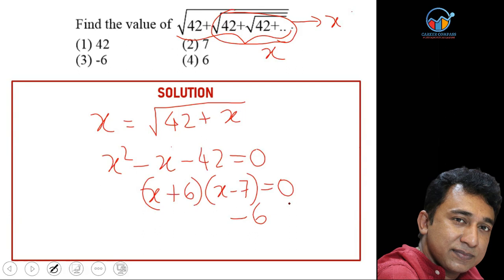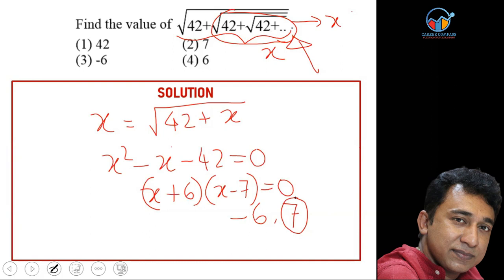Which are -6 and 7. So definitely, by looking at the expression, you should make out it can never be negative. It will always be positive. So -6 will be eliminated. So you will take 7 as your answer, right?